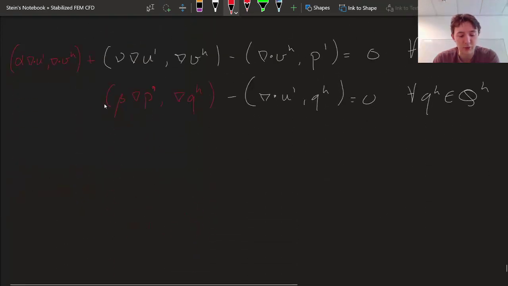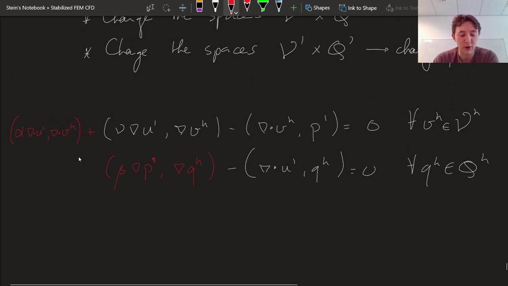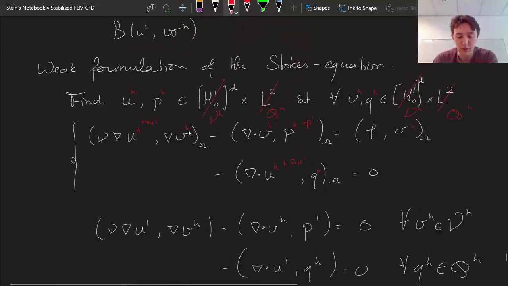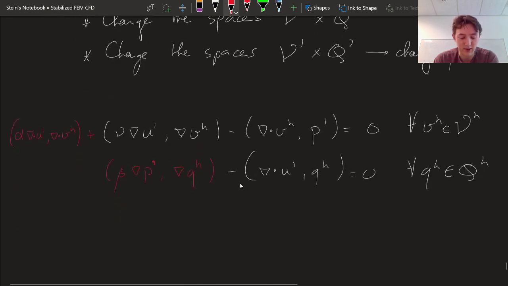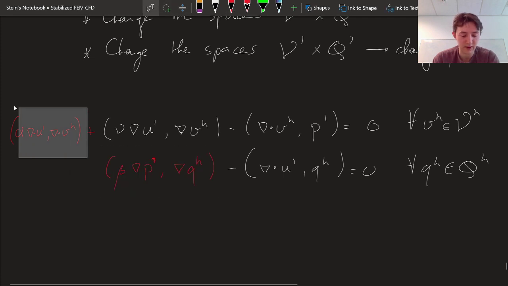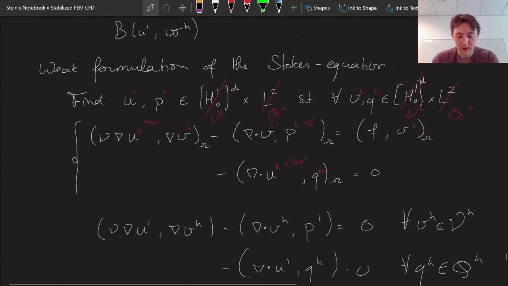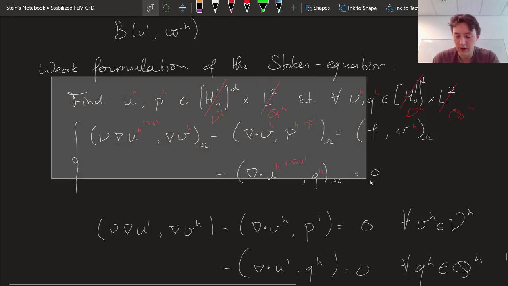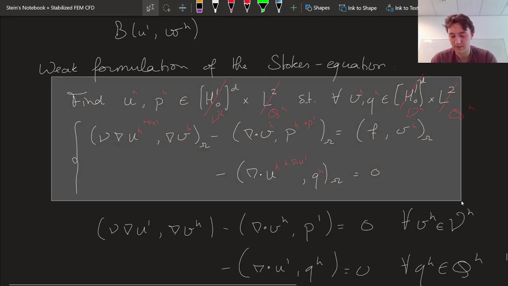So now that we have these red terms, we can more or less look at this as if we substituted the red terms in place of these white terms. So in place of these fine scales here, we would now get these two red terms, this one and this one. Okay, so let's try and work that out.